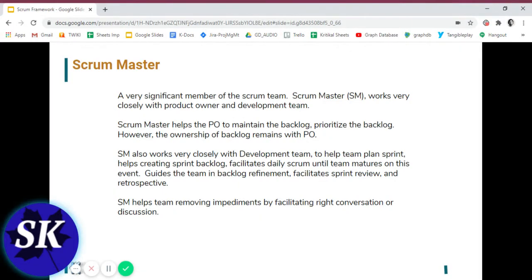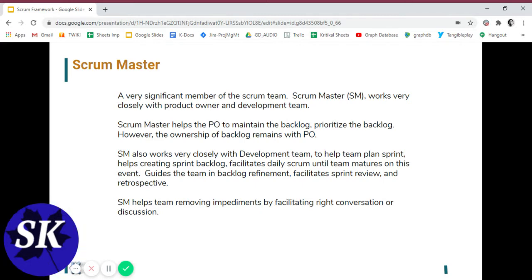So the whole idea, let's for instance say one of the events being the daily Scrum, right? We ask three important questions there, which we answer within our team. What we did yesterday that helped the team achieve the sprint goal or the team goals. What am I going to do today that will help achieve the team goal?